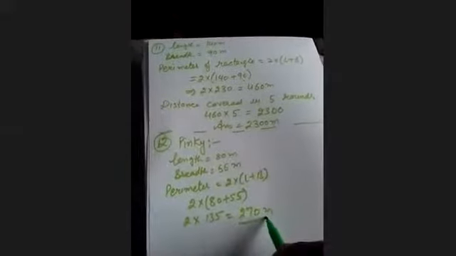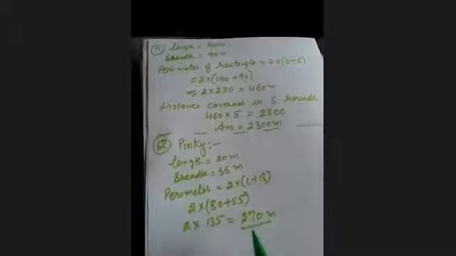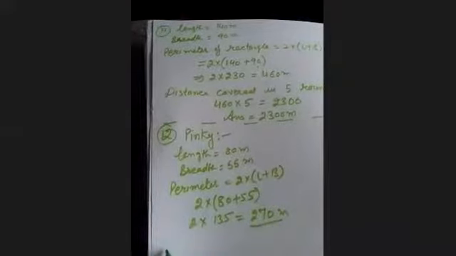So perimeter is 270. Now in 8 rounds, distance covered in 8 rounds, 270 multiplied by 8. Distance covered in 8 rounds is 2160 meter.